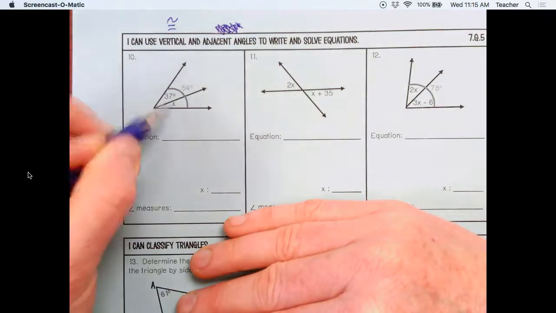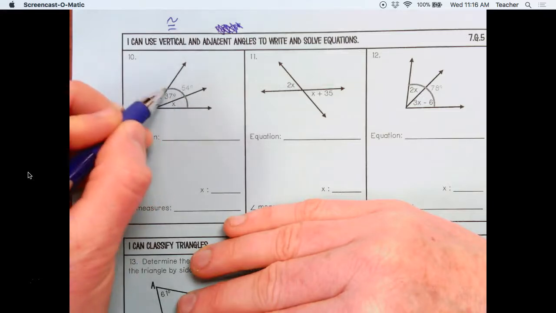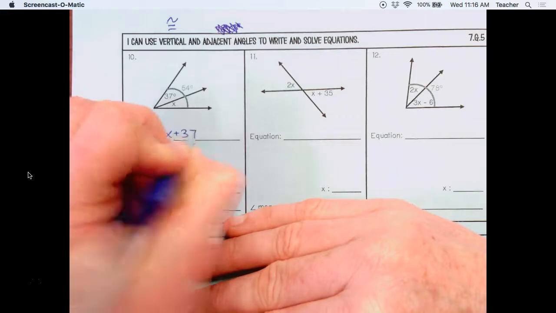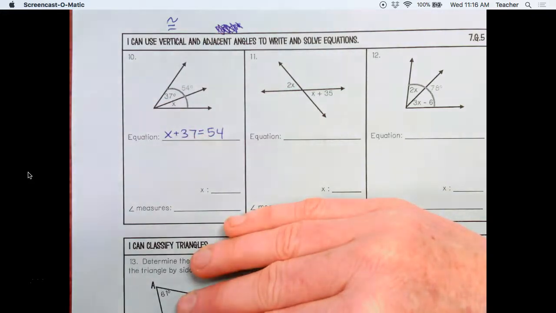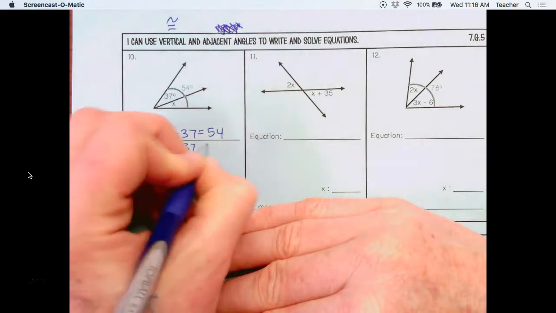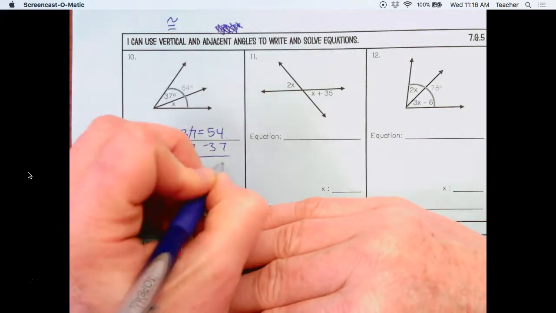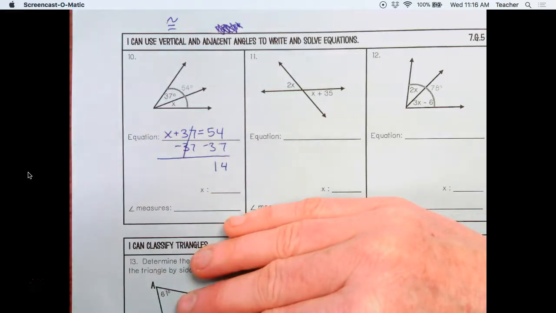Sorry. So with this equation, we have adjacent angles that add up to 54. So we know that x plus 37 adds up to 54. So we're going to subtract, and we get, that is not correct.